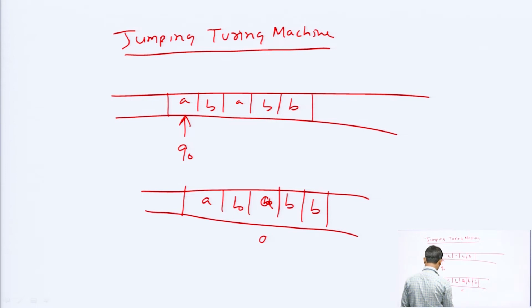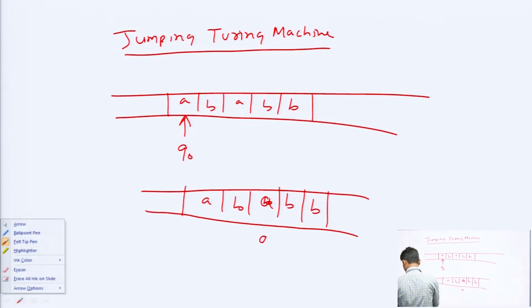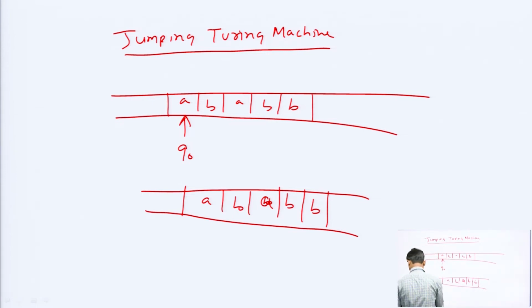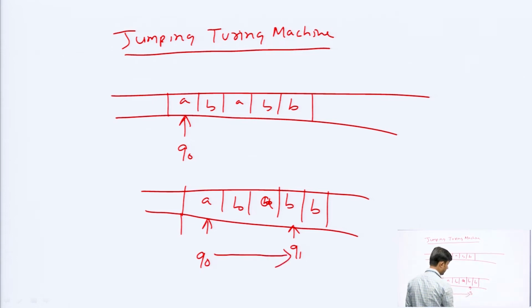Suppose Q1, let us jump to here Q1. Like that you can jump after 2 symbols, Q0 was here, then after that you can go to Q1.